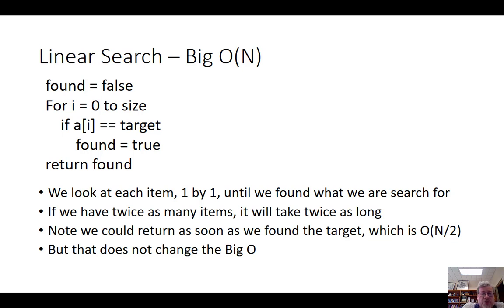This is not a good situation, because as n increases, the amount of time goes up very quickly. So this is the sort of thing we would like to avoid. We would like to look at this nested loop, based on the number of things we're looking at, and say this is going to become a bottleneck. The length of time is going to go up very quickly.